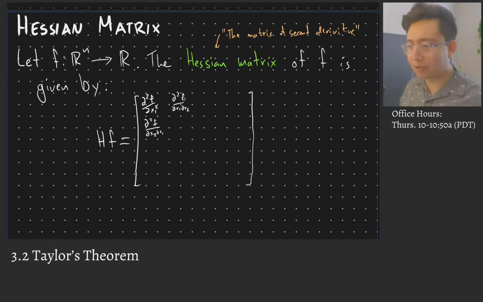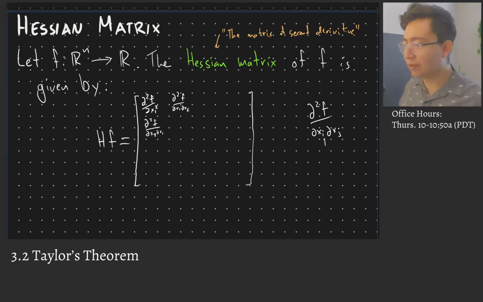How do I remember which one goes here, which one goes here? The order here is row, column, row, column. So this is in the second row, the first column, so it's dx2, dx1. Over here, this is first row, second column, so we have dx1, dx2. So for example, I'll write dxi, dxj.